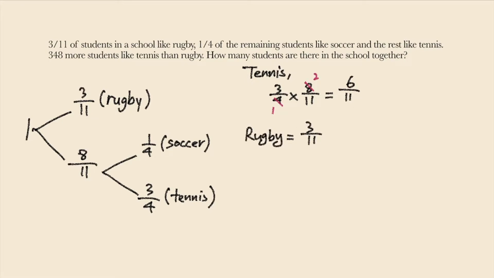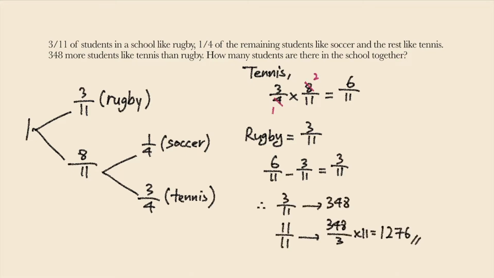Because if rugby is 3 out of a total of 11 units, and tennis is 6 out of 11 units, doesn't that mean the difference is 3 units? We are talking about the same total of students, 11 units. This is 6U, this is 3U. So the difference must be 3U. And the significance of that is, we can now say the difference of 3 units represents 348 actual students.